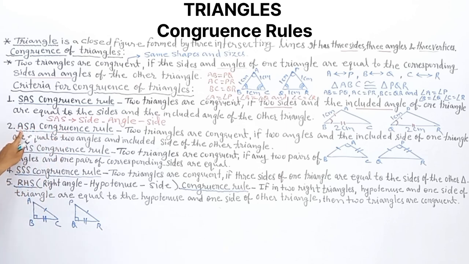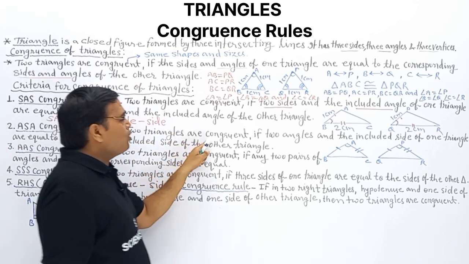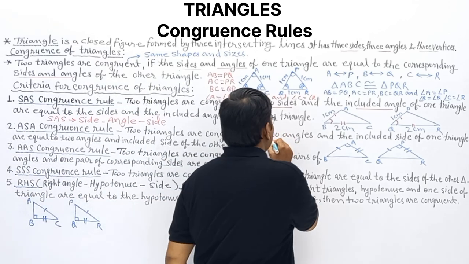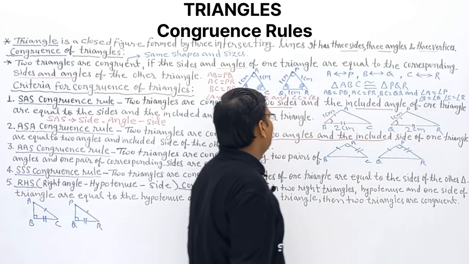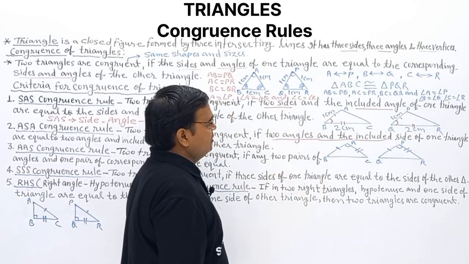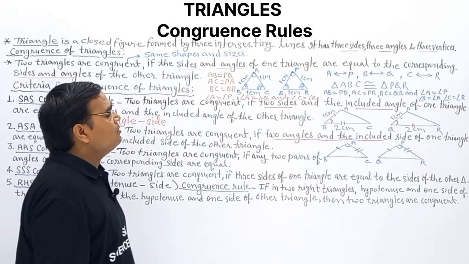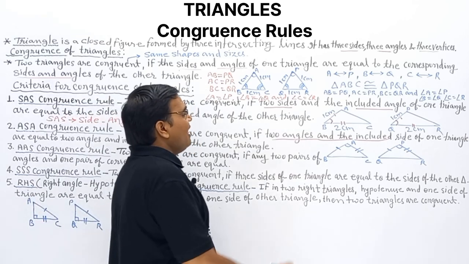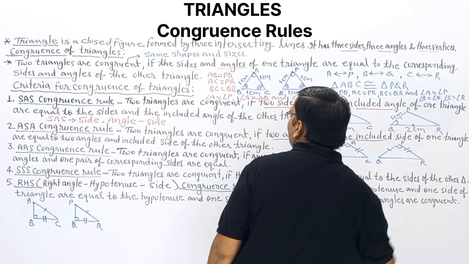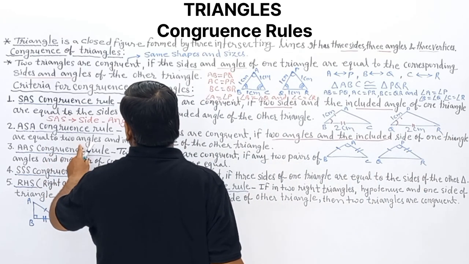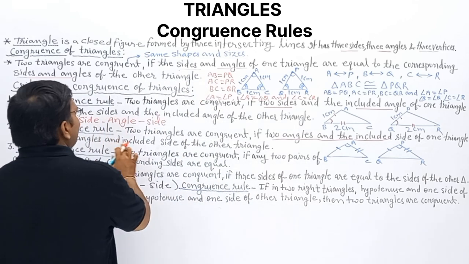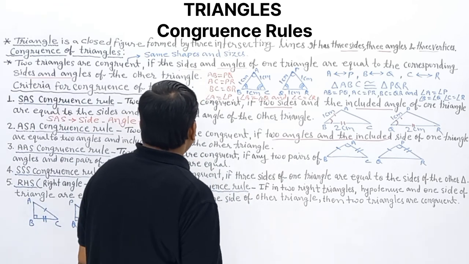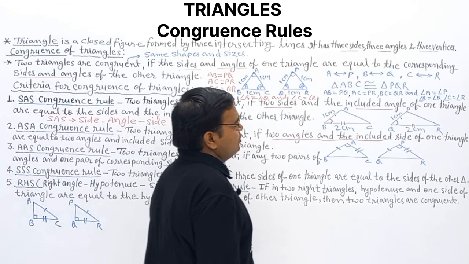Two triangles are congruent if two angles and the included side of one triangle are equal to two angles and the included side of the other one.